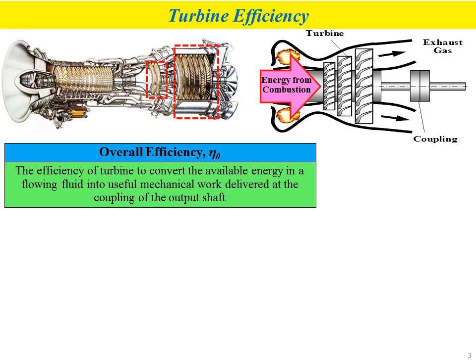Which means the energy from combustion that is transferred to the fluid, represented by the pink arrow, will be used to rotate the turbine. In actual conditions, due to energy transfer, heat losses to the surroundings, pressure drop, friction and so on, there will be energy losses throughout the expansion process in the turbine.